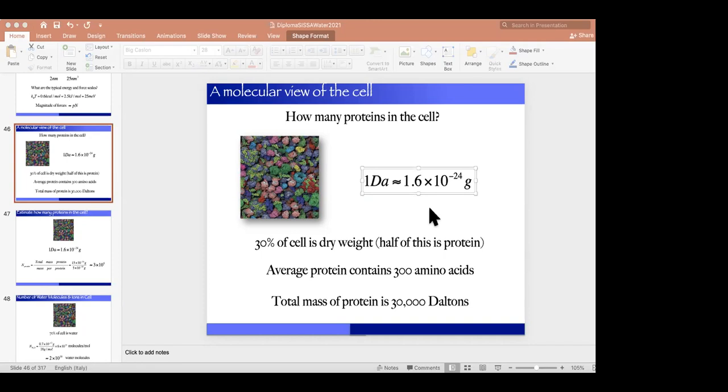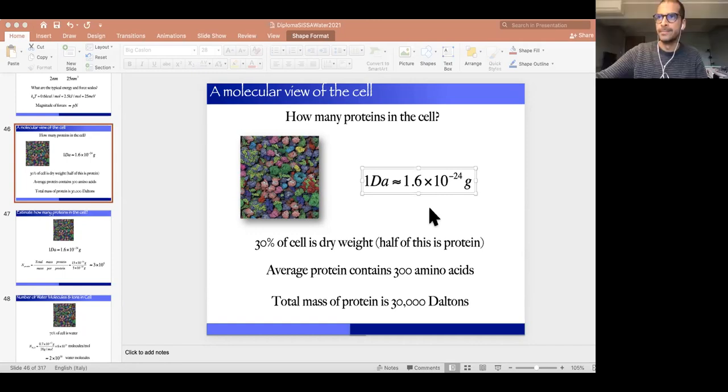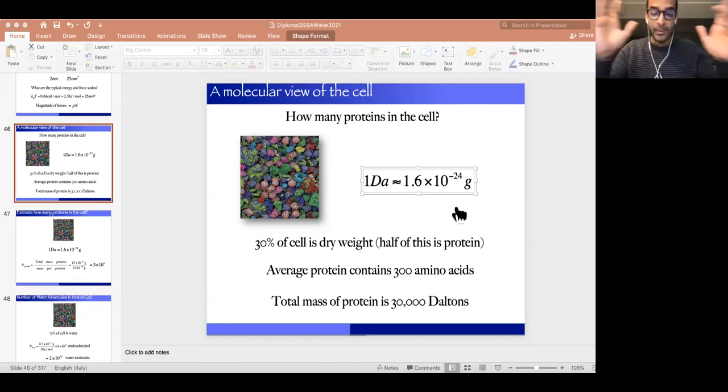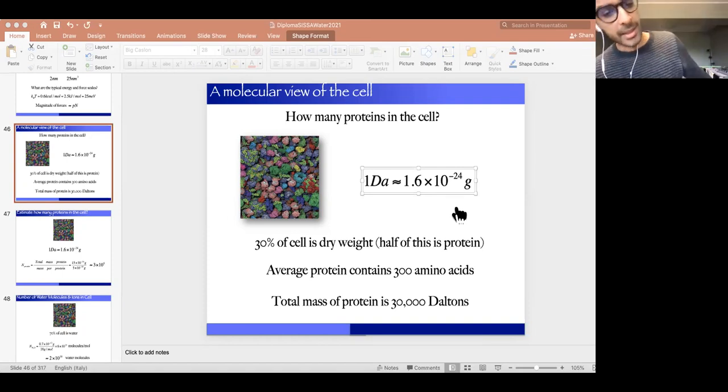Okay, get it. So next task. Tell me the number of water molecules. Of course, the hint is that it must be more than 10 to the 6. So if you get a number less than 10 to the 6, there's a problem.